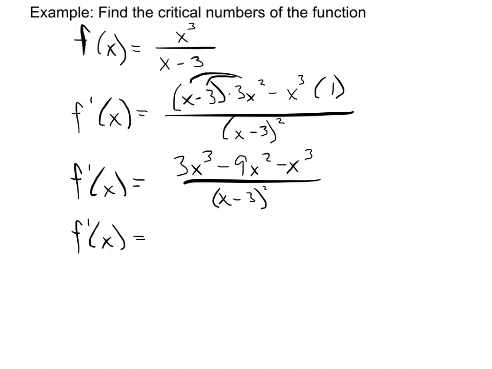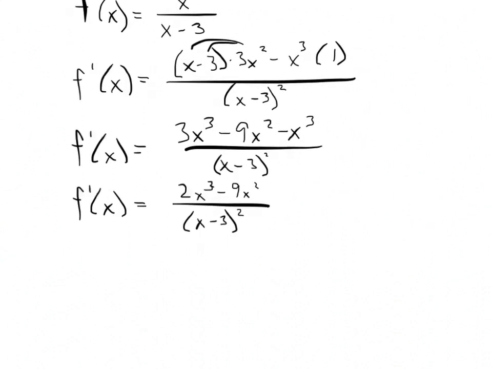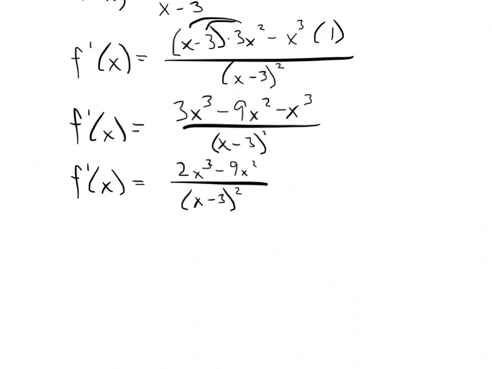So f prime of x is now 2x cubed minus 9x squared all over x minus 3 squared. And I want to know where this is 0 or undefined. I don't know if I made a big enough deal of that at the beginning of this slide. Critical numbers happen where the derivative is 0 or undefined.